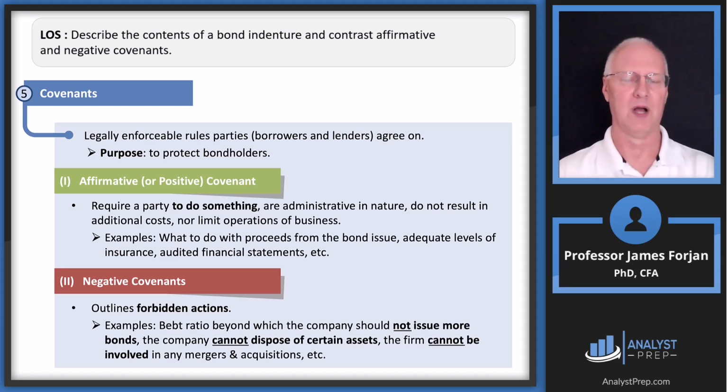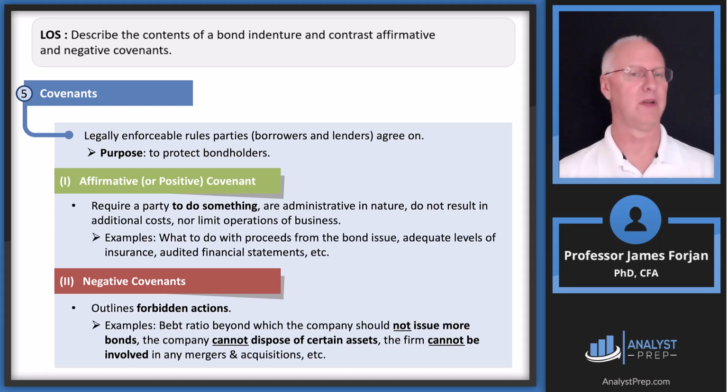And then some other minor ones sound like, you know what, as a bondholder, we're trusting you with our capital, so why don't you trust us? Why don't you hire some really good financial accountants so that they can go through the financial statements and audit them and put their stamp of approval? So those are examples of positive covenants.